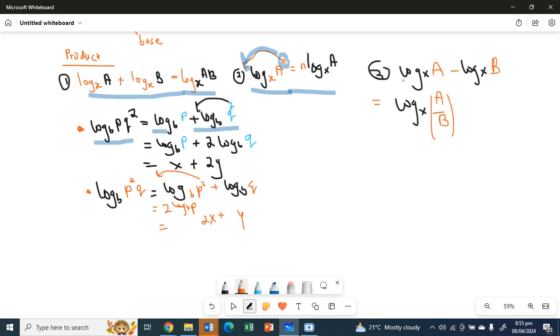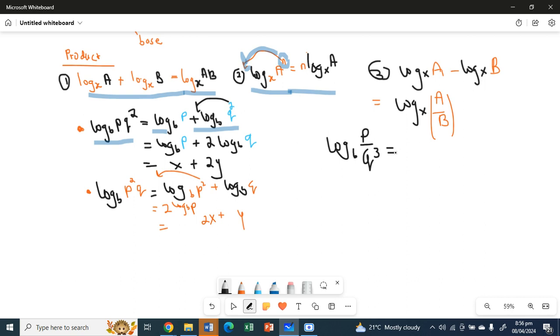Yes, so next is the quotient rule. All right. So as you can see here, log x a minus log x b equals log x a over b. So in our question here, we have log b p over q cubed.